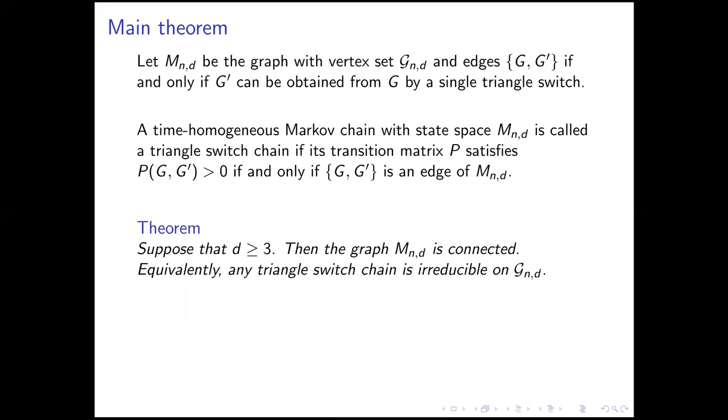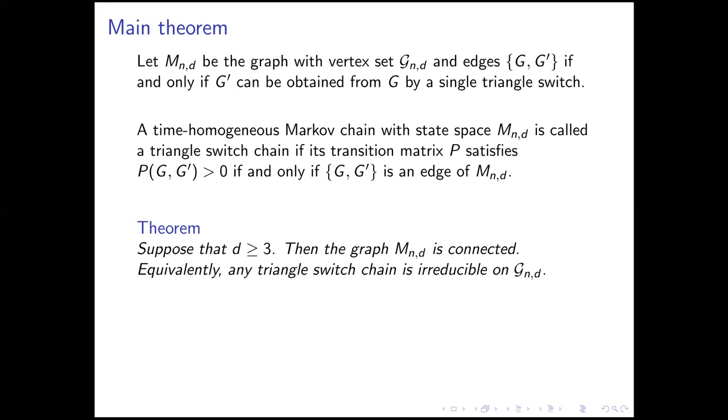We say that a time homogeneous Markov chain with this state space is called a triangle switch chain if its transition matrix P satisfies: there's a transition from G to G prime with positive probability if and only if GG prime is an edge of the space.